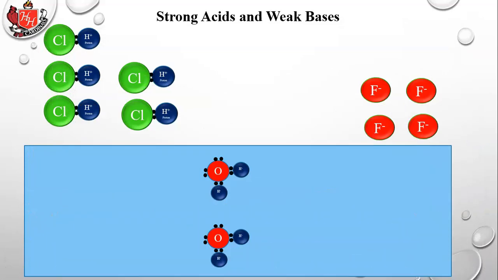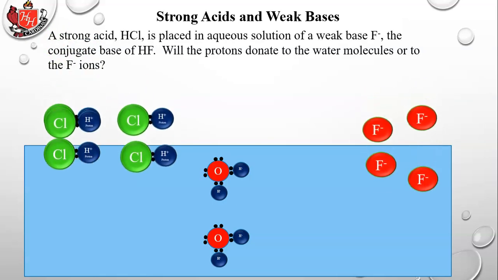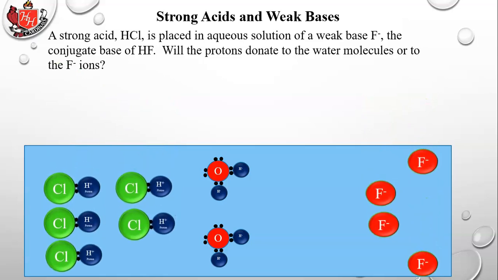Now let's look at the other situation. Here we have 4 weak base molecules, the fluoride ions, and 5 strong acids, the hydrochloric acid molecules. So they all enter the solution. A strong acid, HCl, is placed in an aqueous solution of a weak base, F-, the conjugate base of hydrofluoric acid.